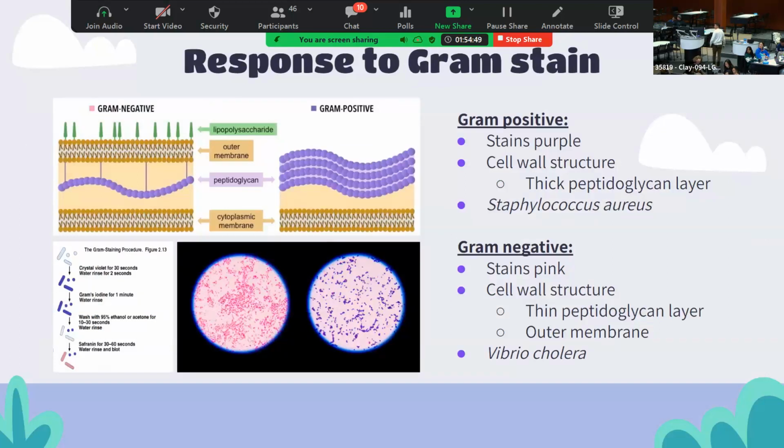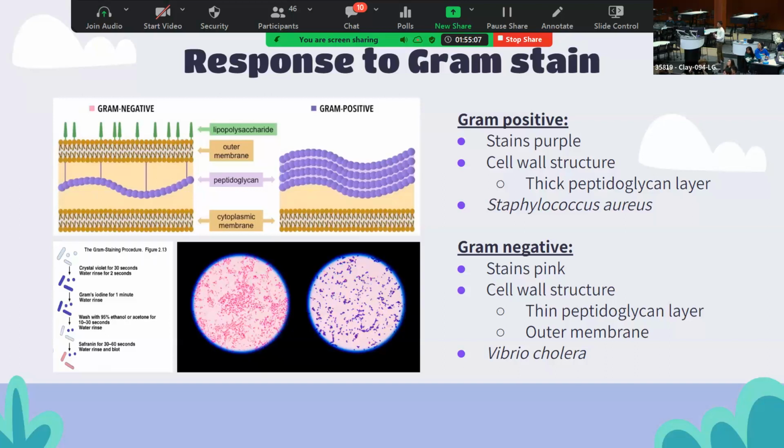And then next is response to gram stain. You got gram positive, gram negative. One stains purple, one stains pink, and that's due to the structure of the cell wall. So gram positive is purple, and that's because it has a really thick peptidoglycan layer.